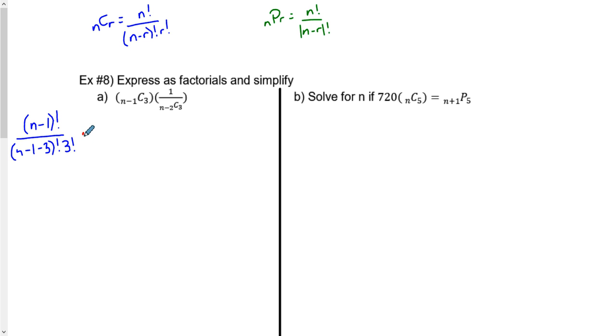The second one is we're going to have it as 1 divided by, well, I'm not going to actually write that as divided by that way. I'm going to make my life a little bit easier.